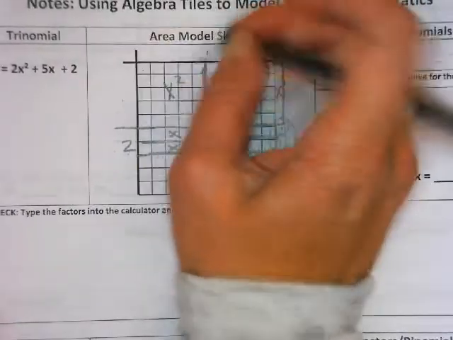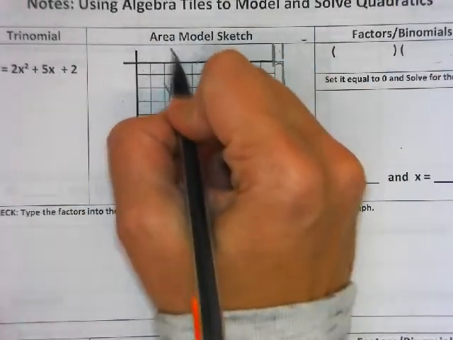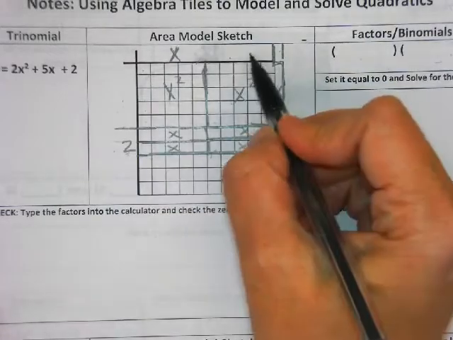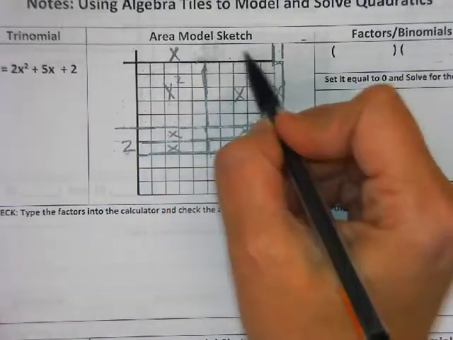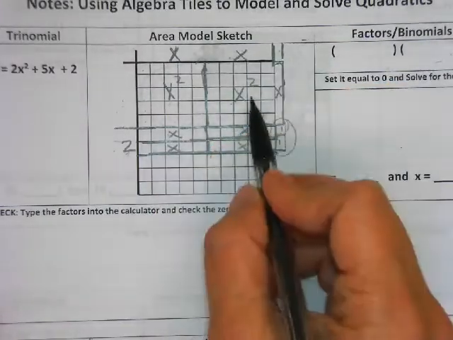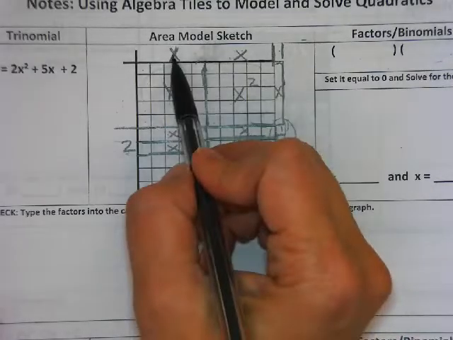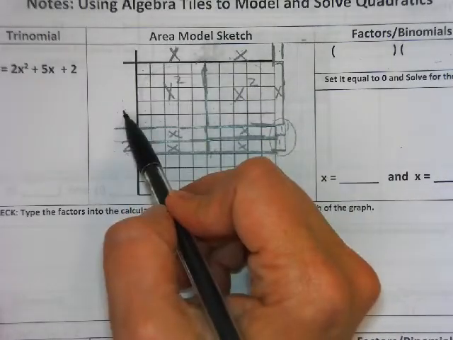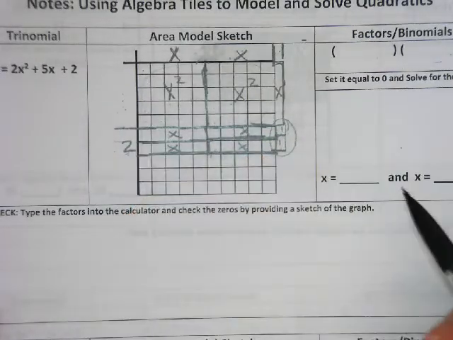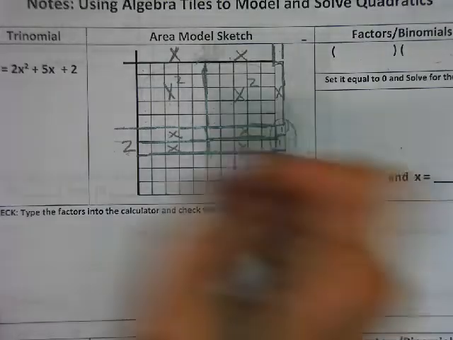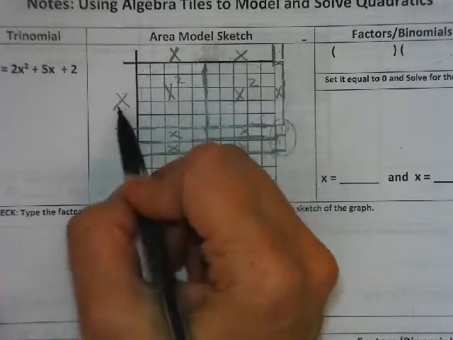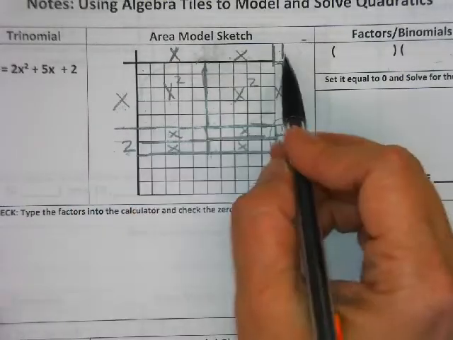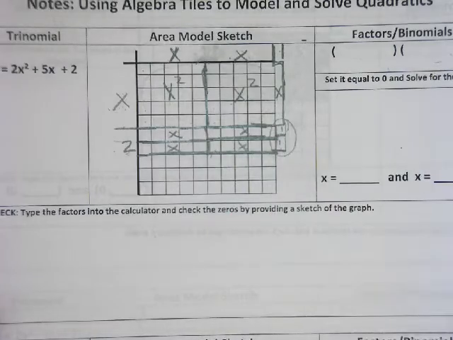It'd be x, you're right. Because we have an x here. And then so we got 2x, and then we have an x here, right, for this 2x. So x times something, what are we going to put here? X. So we got x squared here and x squared here. And then, so 1 times x is x. Do you see that?